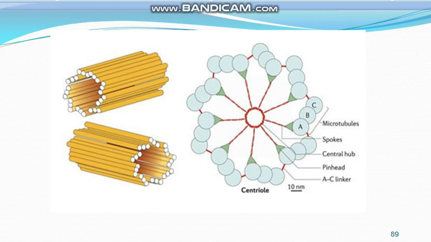Each of the 9 sets of triplets is composed of 3 subfibers: 1, 2 and 3.